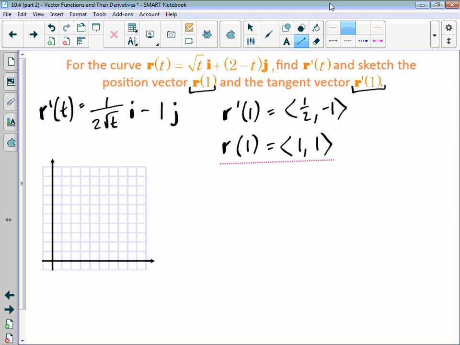Start at 0, 0, and let's make 1 go out like 4 spots here so we can actually see it. So let's put 1 here and 1 up here. If we're starting at 0, 0 and we do the vector 1, 1, you go to the right 1, up 1. And that's where your vector would stop, correct? Everyone okay with that?